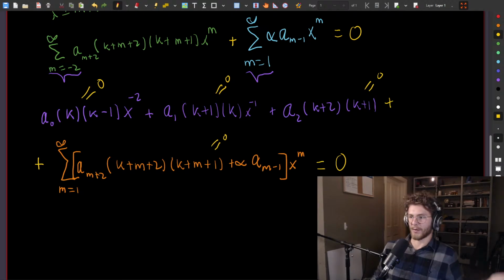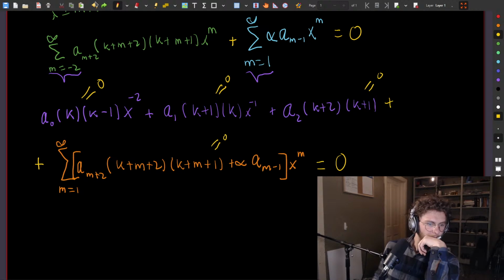It's 0 and positive 1, to give you your roots. So those are called indicial roots for this system. So we can then assume that k equals 0 or k equals 1. And then we can solve for this part here by setting k equal to 0 or 1 on the bottom here. And then you can have a recurrence relation set up already.